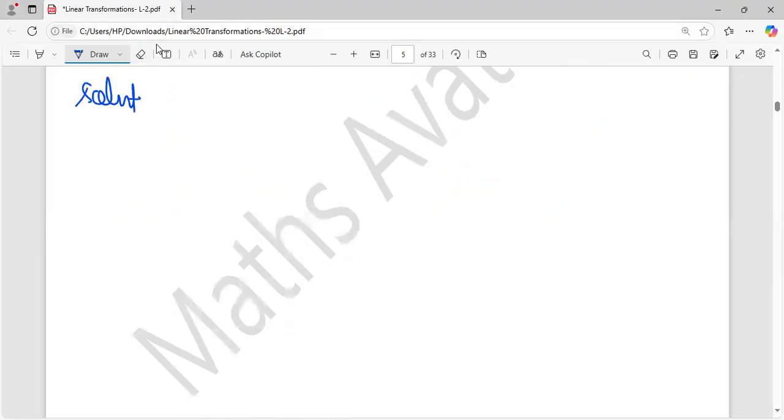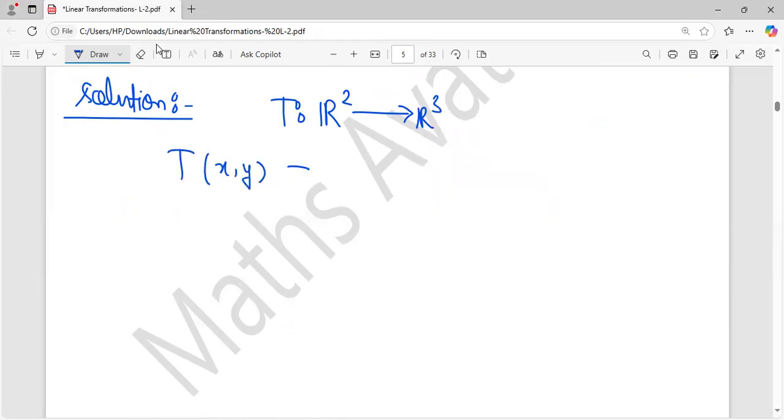Solution. So T from R2 to R cube is defined by T(x, y) = (x plus y, x minus y, y).